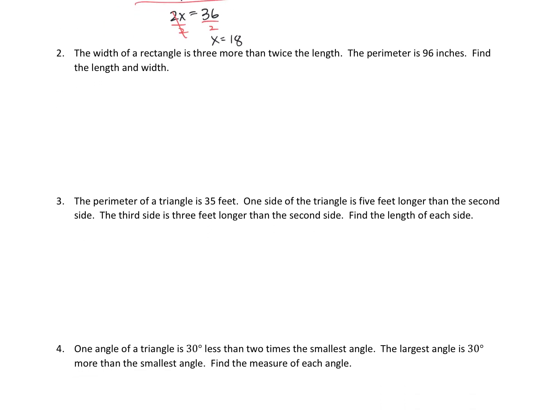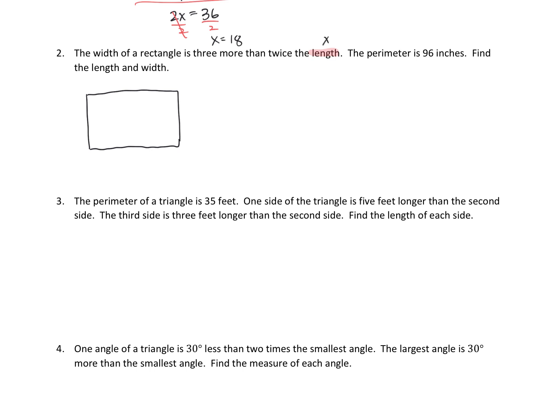Number 2, the width of a rectangle. So right away, I'm going to draw a diagram. So here's my rectangle. The width of a rectangle is 3 more than twice the length. Okay, so this doesn't make a whole lot of sense because usually the width is shorter than the length, but we'll go with it. So it's comparing to the length.